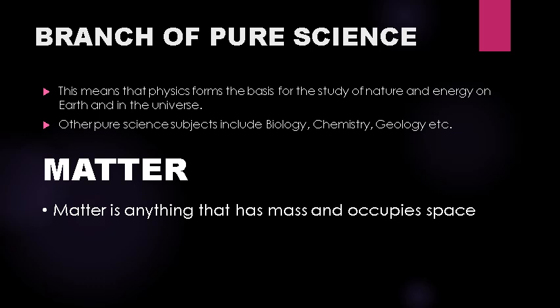That definition is wrong, because weight is a function of the gravitational force acting on a body. And of course, as we know, gravity is not the same everywhere. It changes. So weight fluctuates. So the correct definition is that matter is anything that has mass and occupies space.